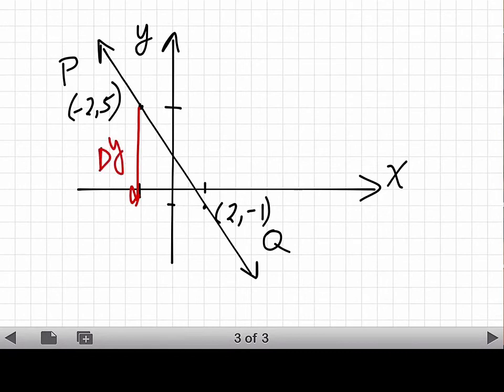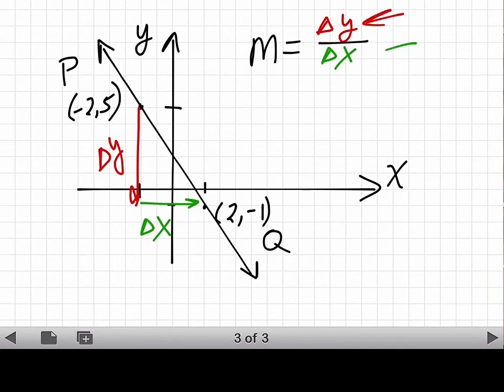And going from -2 to 2, that's a change in x that's positive. Now remember that the slope is the ratio, change in y divided by change in x. And if one of these is negative and the other one is positive, then the ratio is going to be negative.